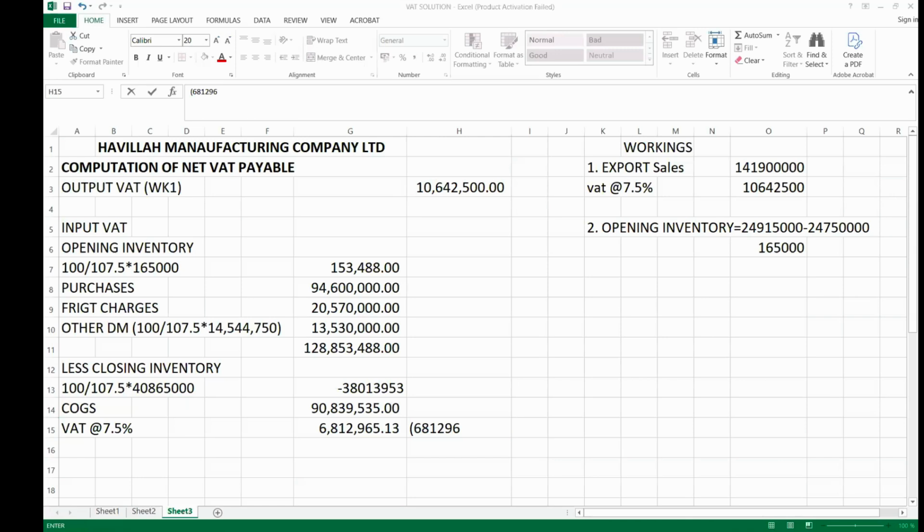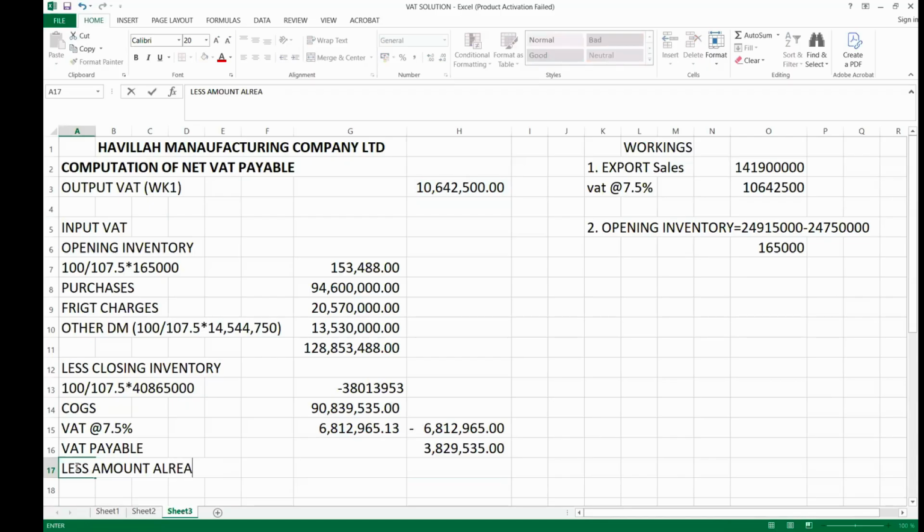So the resulting figure will give us the value added tax payable. This is equal to this minus this, which gives us the value added tax payable. Then we are to less amount already remitted.